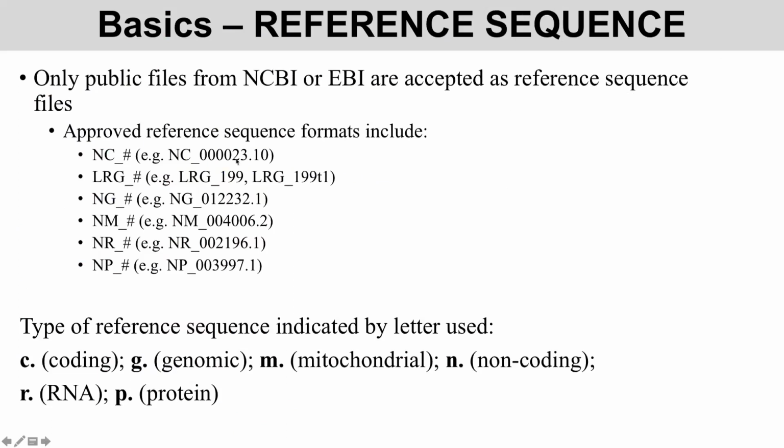On the HGVS website, they listed all the different approved reference sequence types you could use, so NCs, LRs, NGs, NMs. It was interesting that on the website, there was a note that they are still looking at whether using Ensembl transcripts is okay for HGVS, which I assumed it was because people use that all the time.